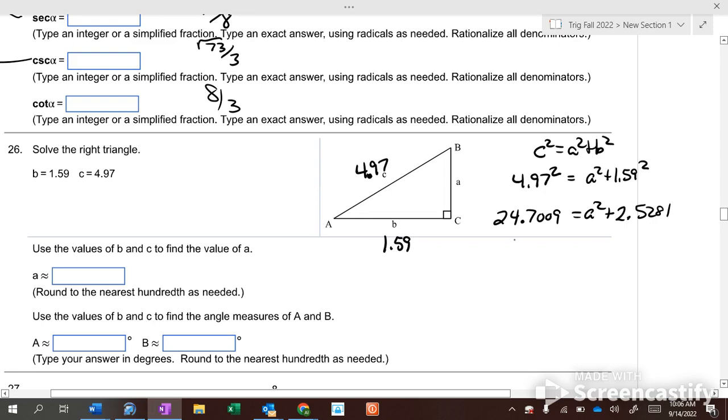We subtract, and we get 22.1728. Then you take the square root of that, because that's what a squared equals. So what does a equal? 4.708, so 4.71.